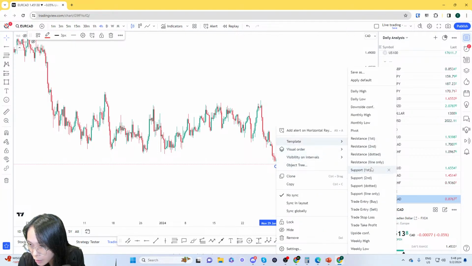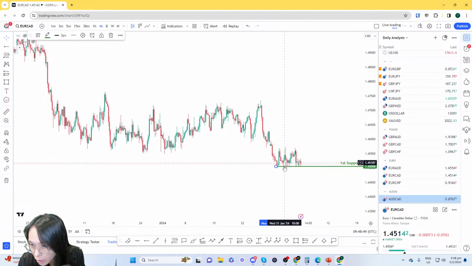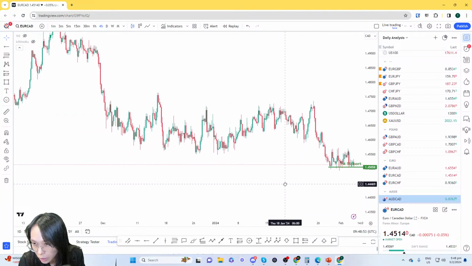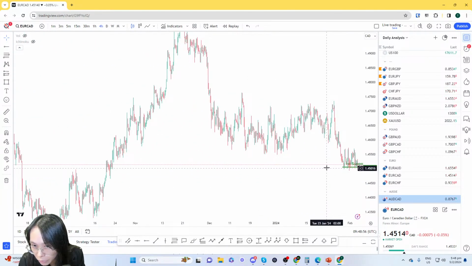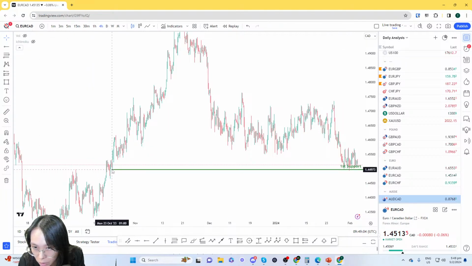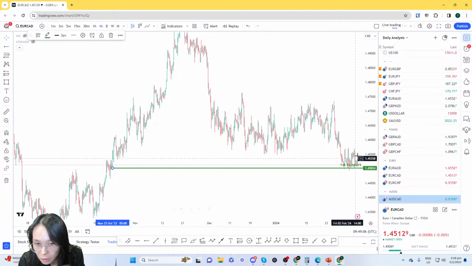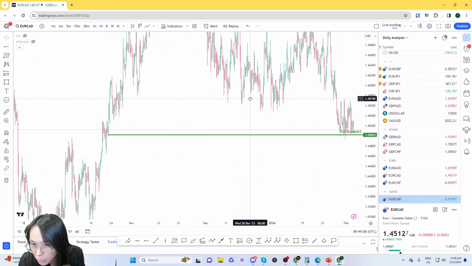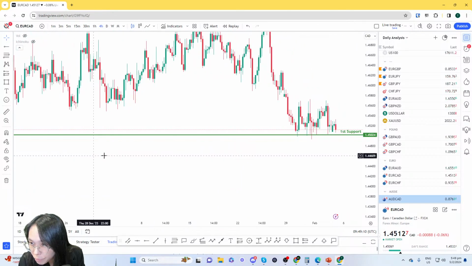So the first support is right below the current price. You can see that there's a lot of activity here. The price bounces off this level, so it could be quite a good key level of support. I don't think I could connect it to any of the wicks here. Let me open up to see.